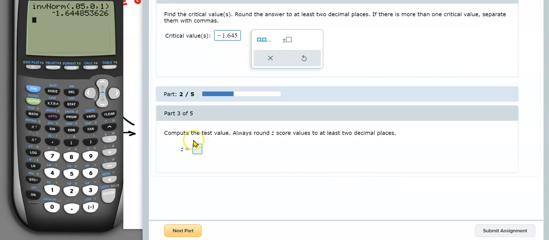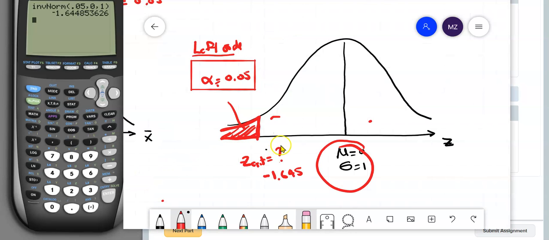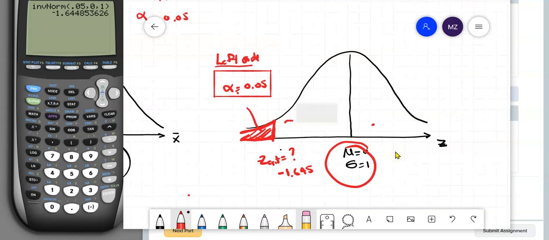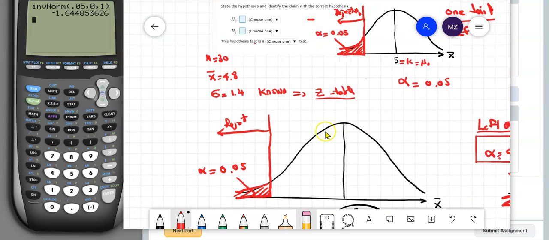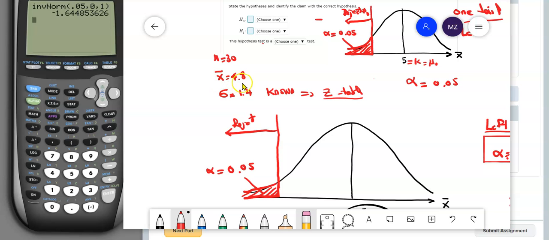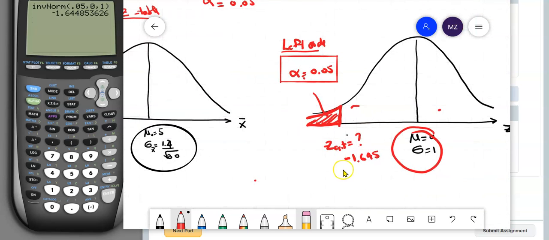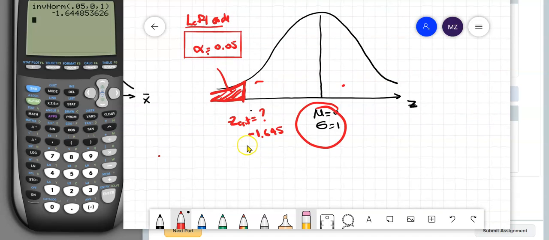So here, compute the test value. The test value is given to you. We are working in this environment, so what is the test value? You remember we got the x bar over here. X bar is 4.8. So you're going to calculate the z test.